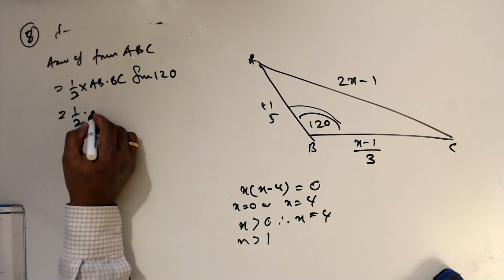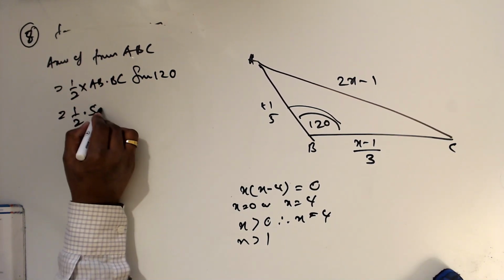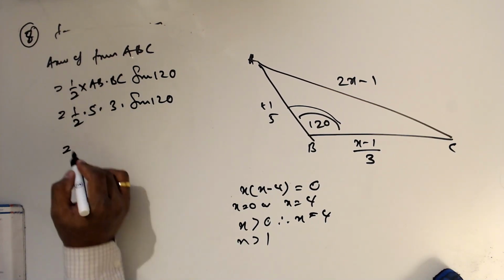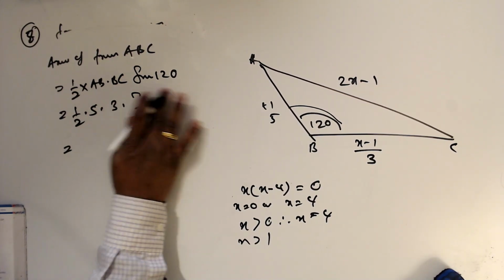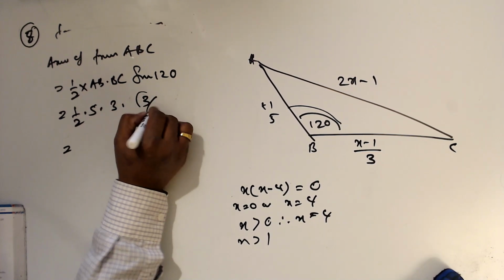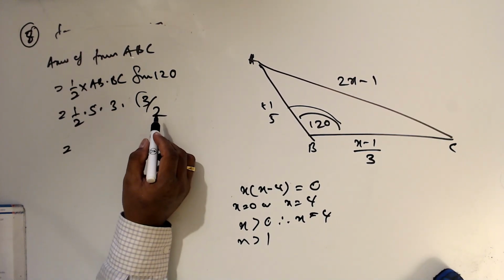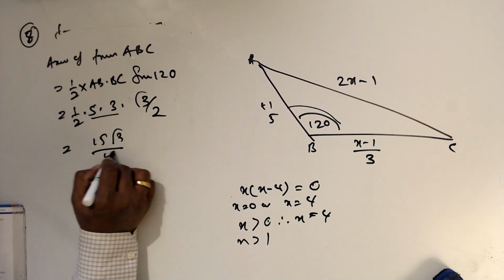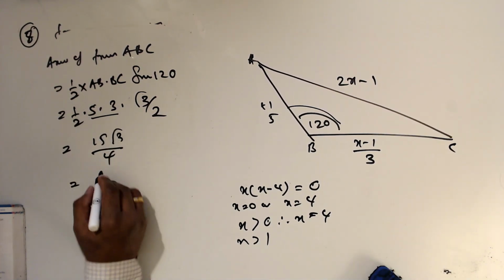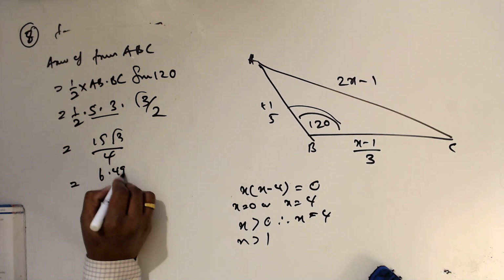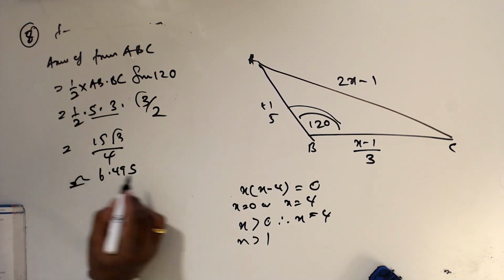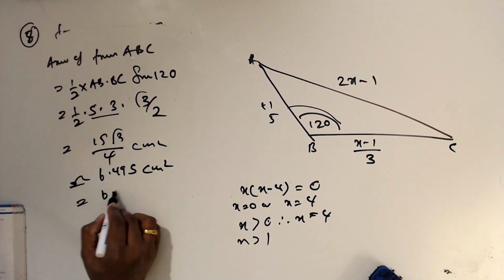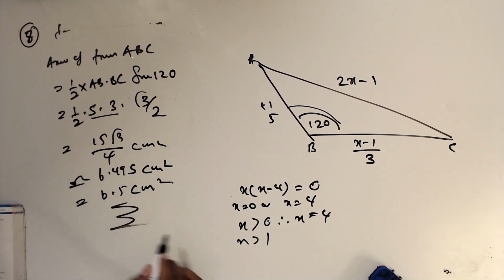Half AB means 5, and BC is 3, sine 120. Sine 120 is square root 3 over 2. 15 over 4 root 3, this is 6.495 approximated value cm square. 6.5 cm square.